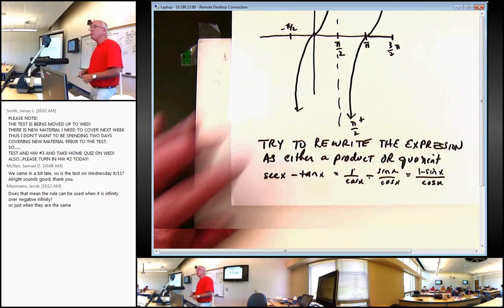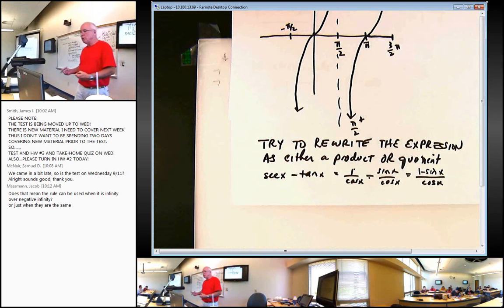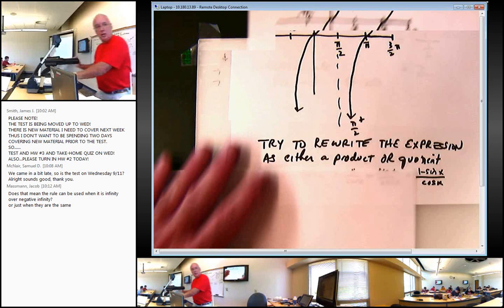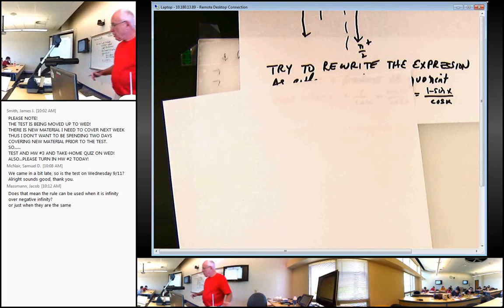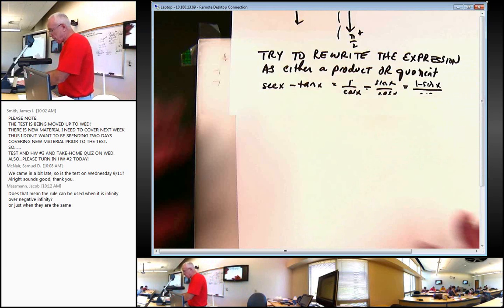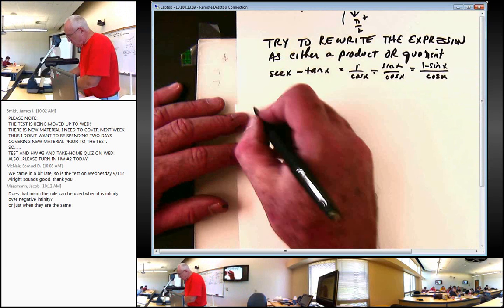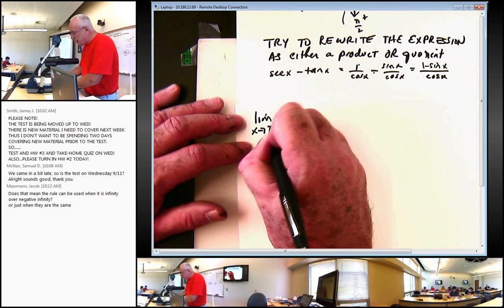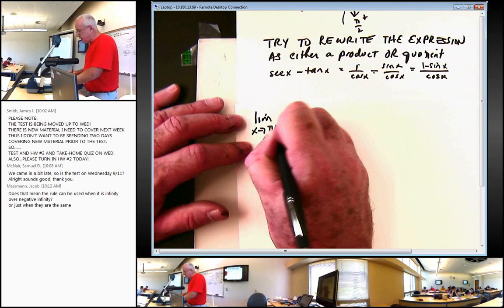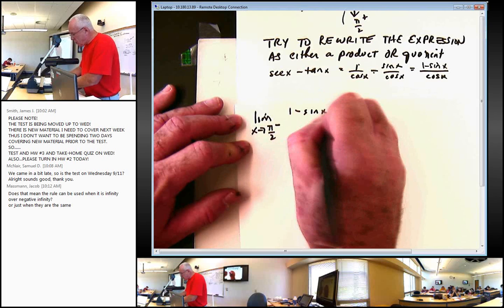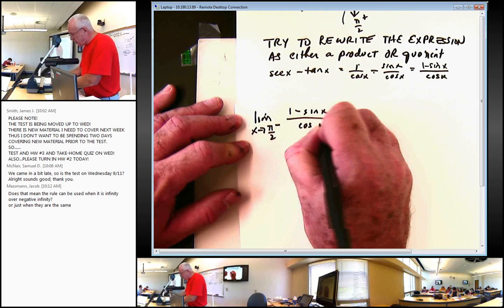So that's how I'm going to rewrite our expression with the numerator and denominator. Okay, so let's see what we get here, because we want to see, are we able to apply L'Hopital's rule, and we will. So therefore, this is the limit as x approaches pi over 2 from the minus side of 1 minus the sine of x all over the cosine of x.